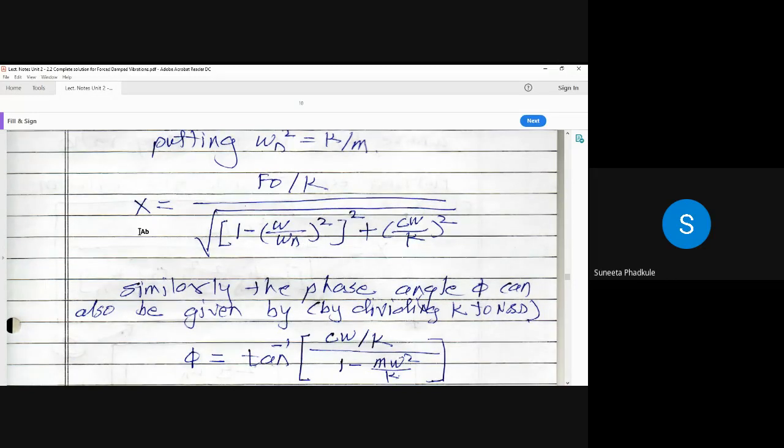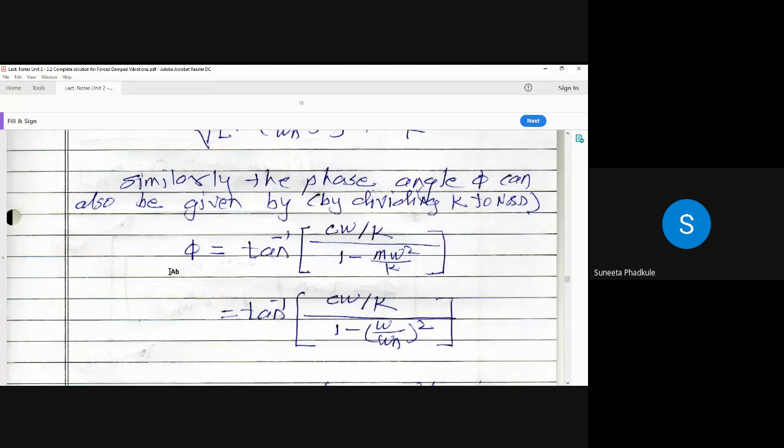Now what is the value of phi? Tan phi. Again here you do the same thing. Divide by k to numerator and to denominator. So what was your original formula? Phi is equal to tan inverse of cω upon (k - mω²). Dividing k to numerator will give you cω upon k, and dividing the k to denominator will give you k upon k, 1 minus mω² upon k.